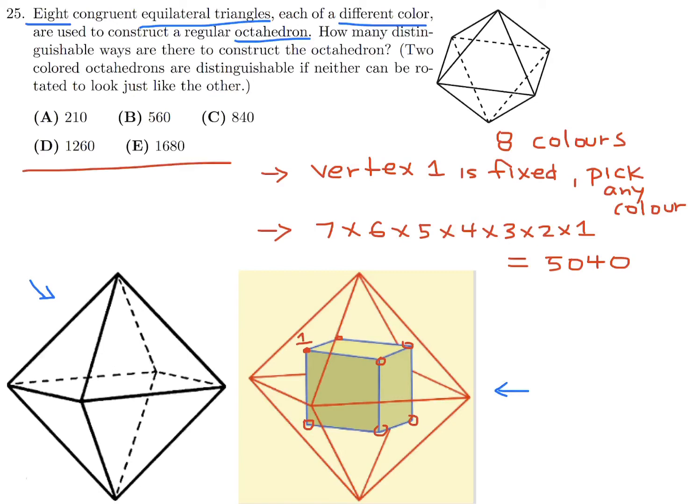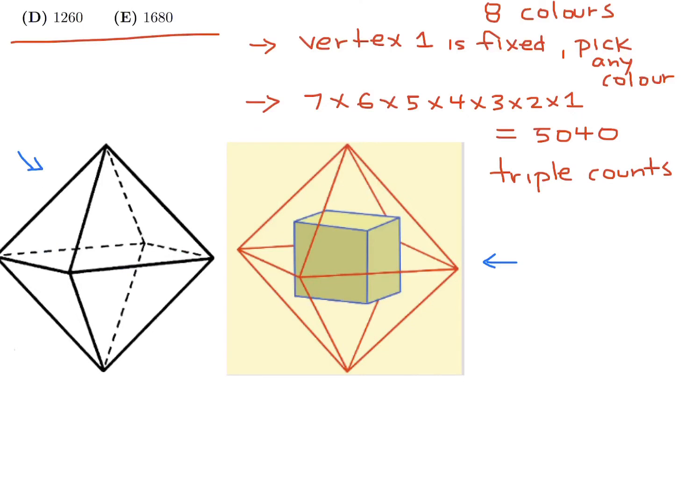Well, none of the answers are 5,040. And the reason is because this triple counts the total number. And I'll explain why it triple counts. If you have a vertex right here, like that, and this is fixed, the vertices that are joined to it are this one, and this one, correct?